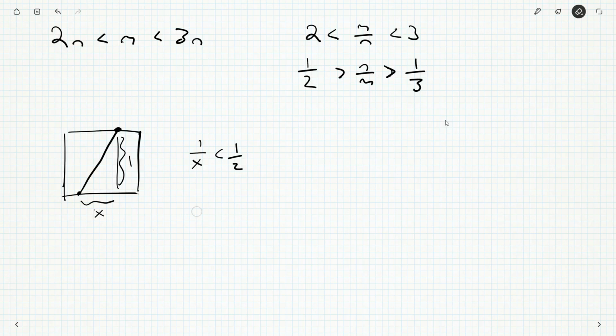So here x is less than 1, but if 1 over x is less than a half, being the slope, then we'd have 2 is less than x, and something about those two statements should seem kind of wrong. So we'll never go all the way up through a square.